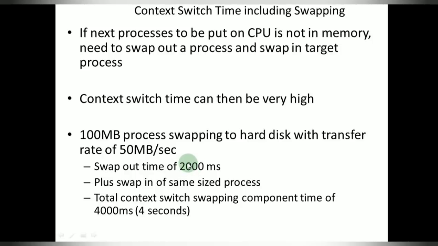And of the same size, if I have to again swap in another process, it is taking 400 milliseconds. Now your context switch time is coming to 4 seconds. Now again, there could be an added overhead if we take the transfer and the rotational latency.